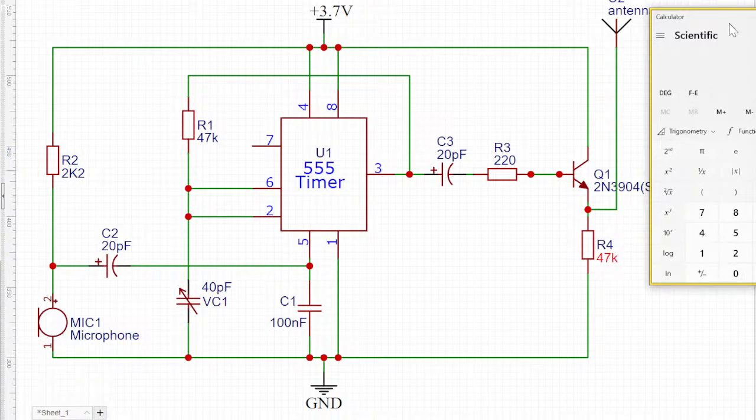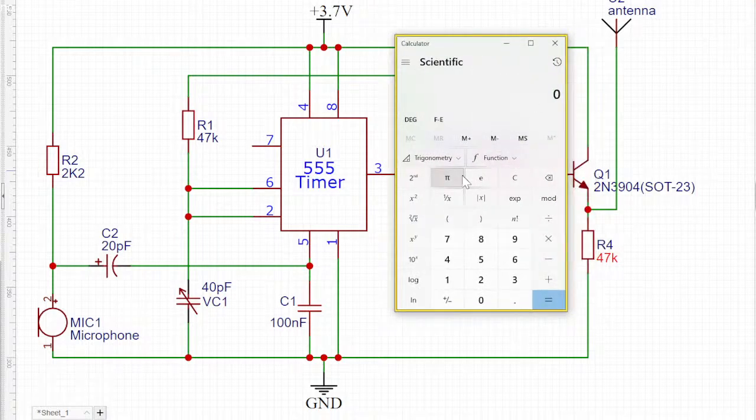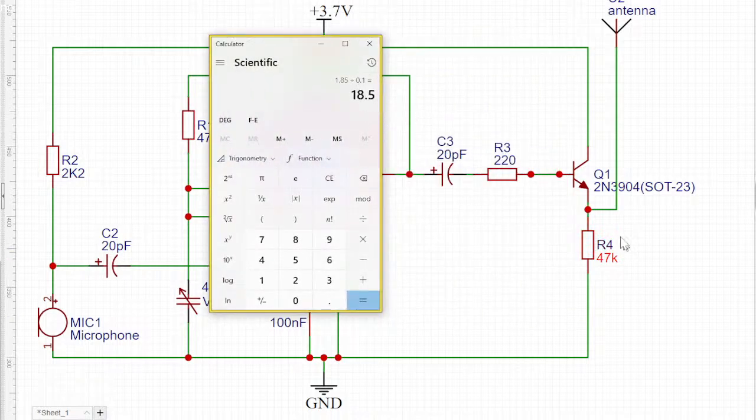If I choose a value of 0.1 milliamp, I know that V is equal to IR, so R is V over I. So 1.85 divided by the I that I've chosen, which is 0.1 times 10 raised to power minus 3. So in that case, my R will be 18.5 kilo ohms.